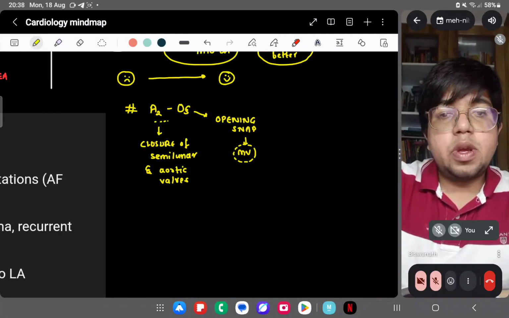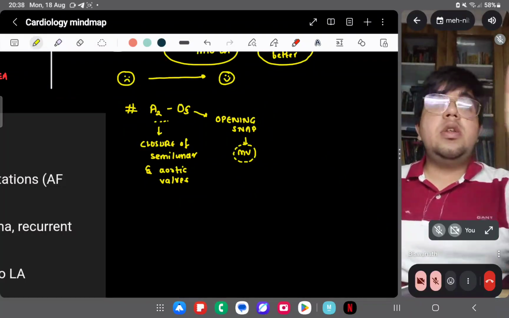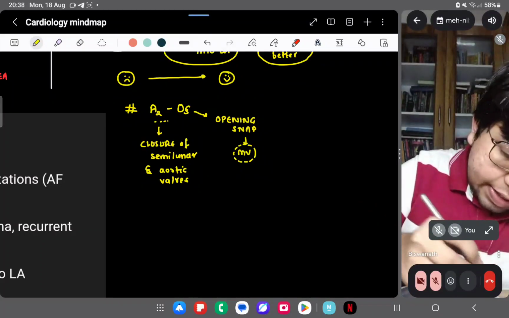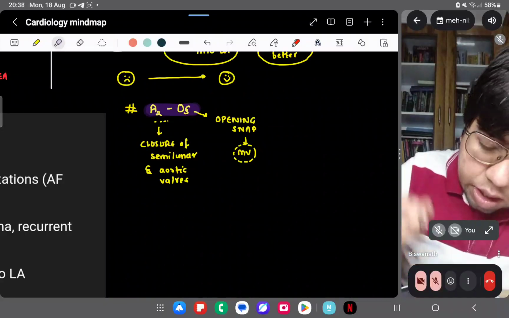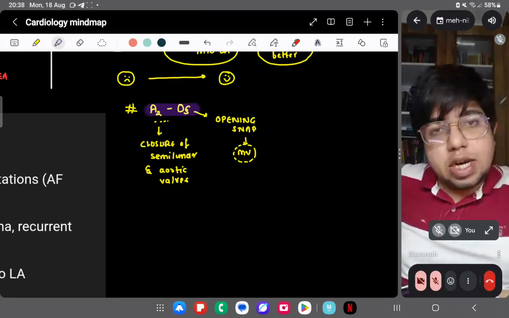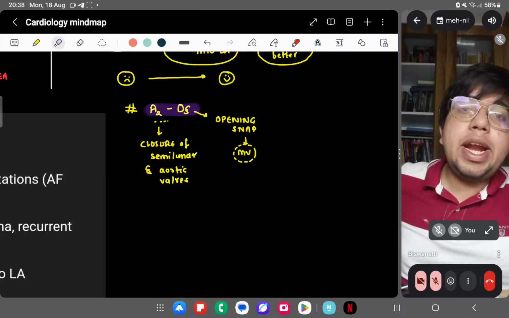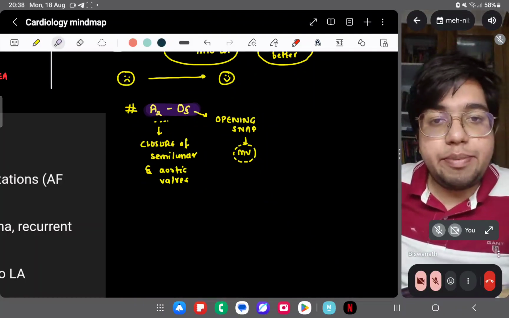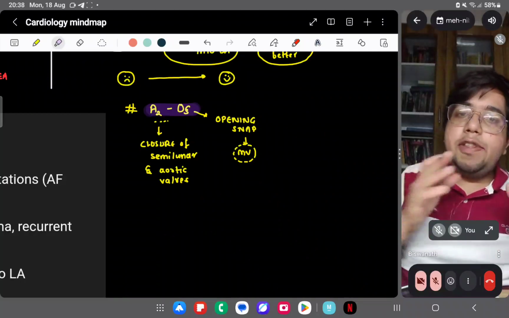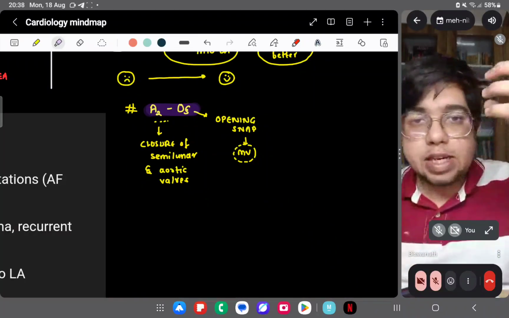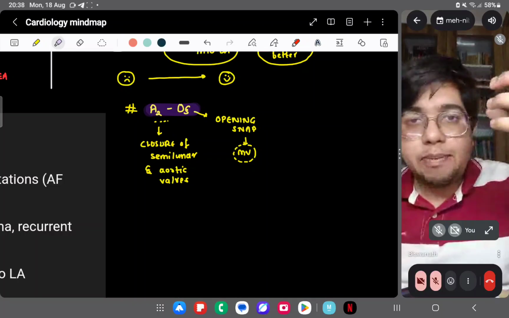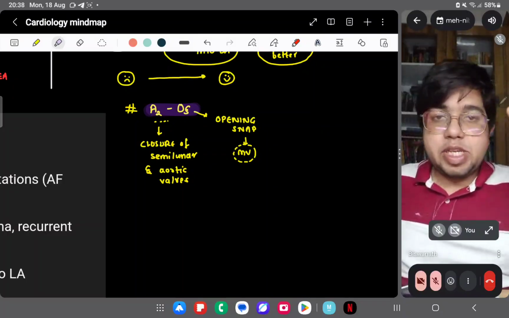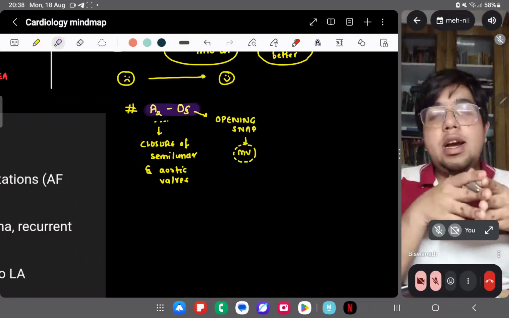So I was telling you about A2OS, we have to understand this. Remember, in this condition the left atrial pressure is very, very high. If the left atrial pressure is very high, then what will occur?